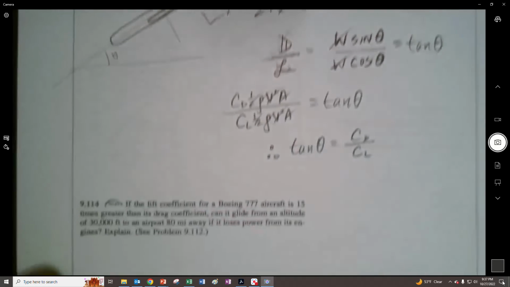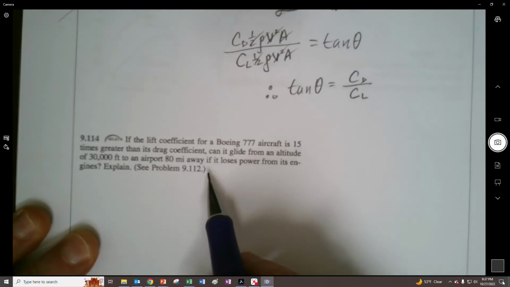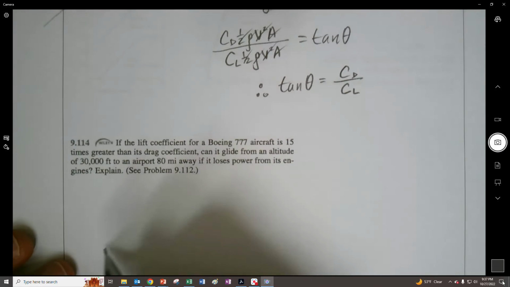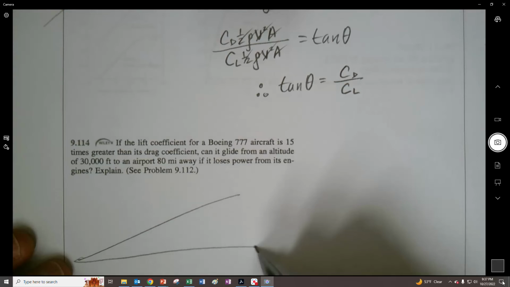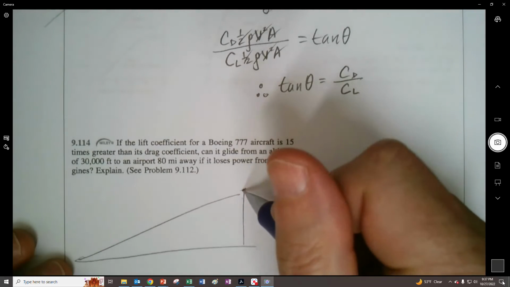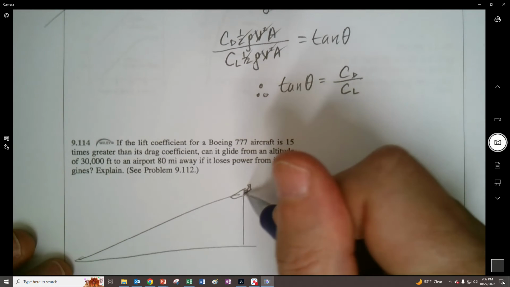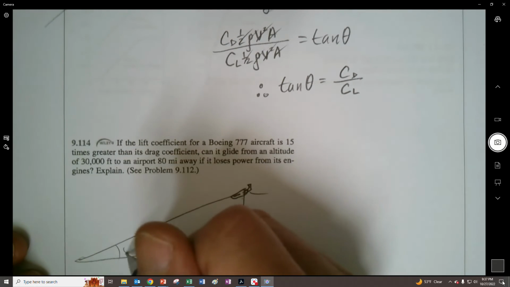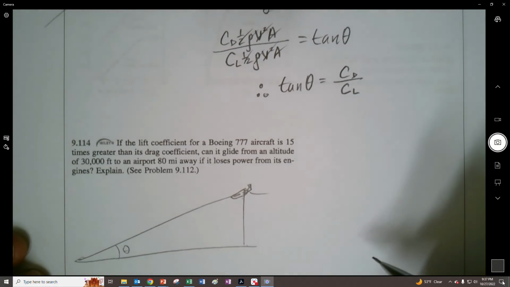And now we want to use that idea to say, well, how can this 777 glide? So let's draw out this situation. Here's our airplane right there. Not a very good airplane, but it's still an airplane right there. I don't mean the 777, I meant our thing here.